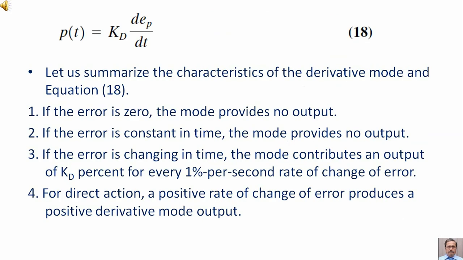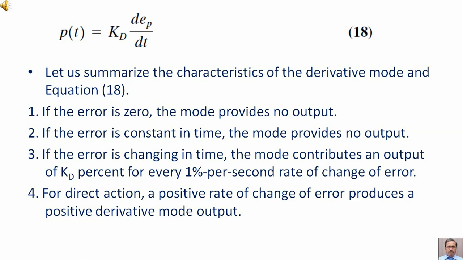Let us summarize the characteristics of the derivative mode and equation 18. If the error is 0, the mode provides no output. If the error is constant in time, the mode provides no output.